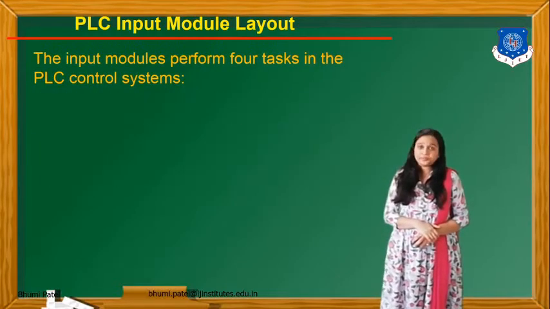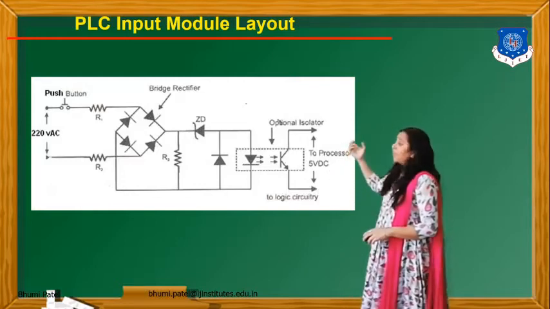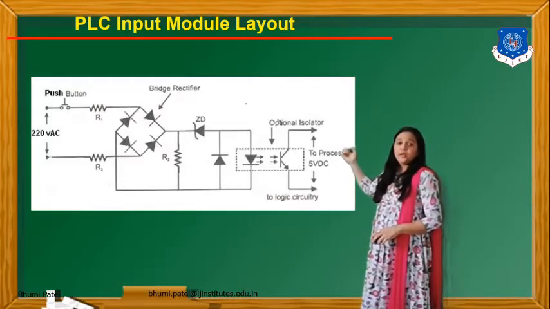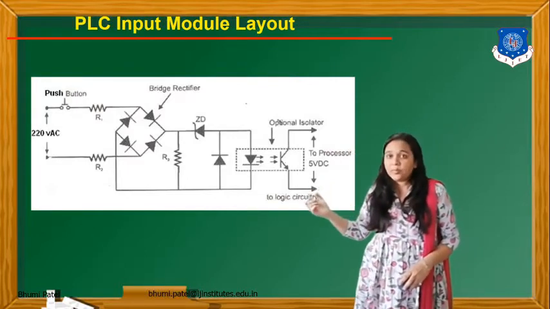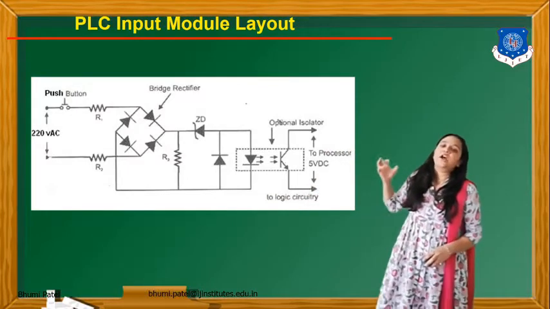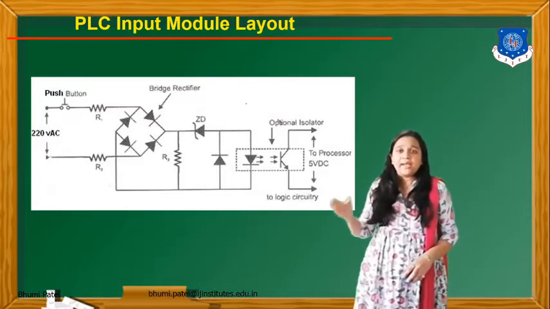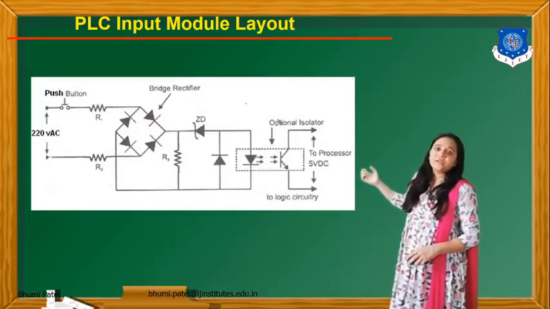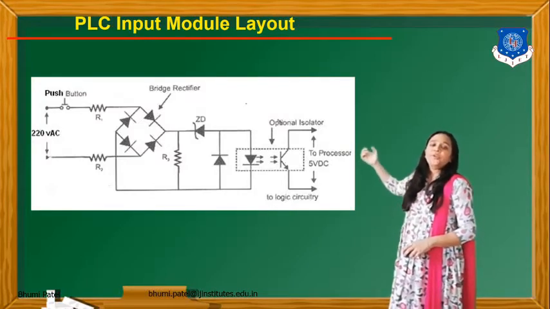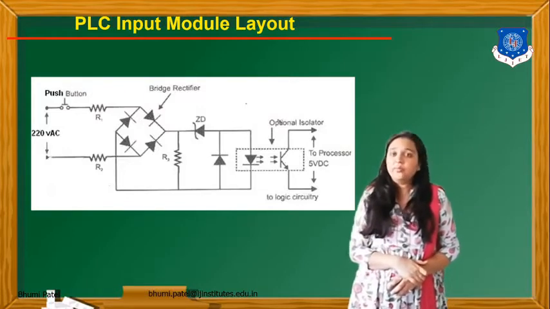Now in the diagram you can see that we have connected a bridge circuit. The input of the bridge circuit is the 220 volt AC supply. After the bridge circuit output, we get a DC voltage. Then we connect the optical isolator circuit, and the output of the optical isolator goes to the processor of the PLC.